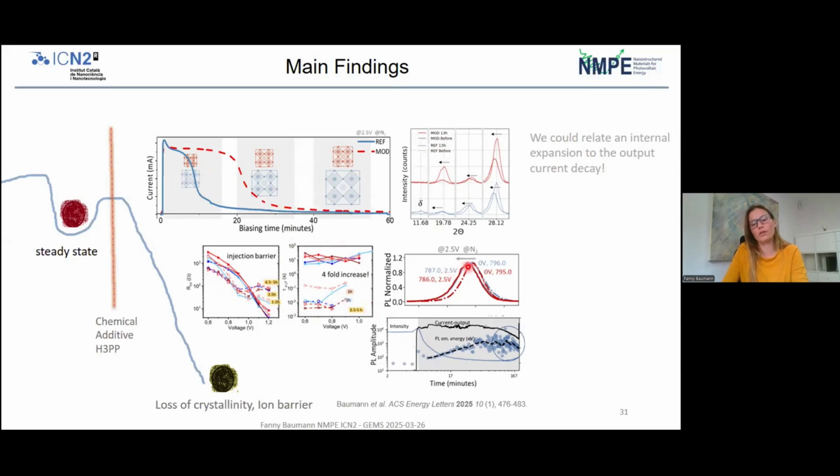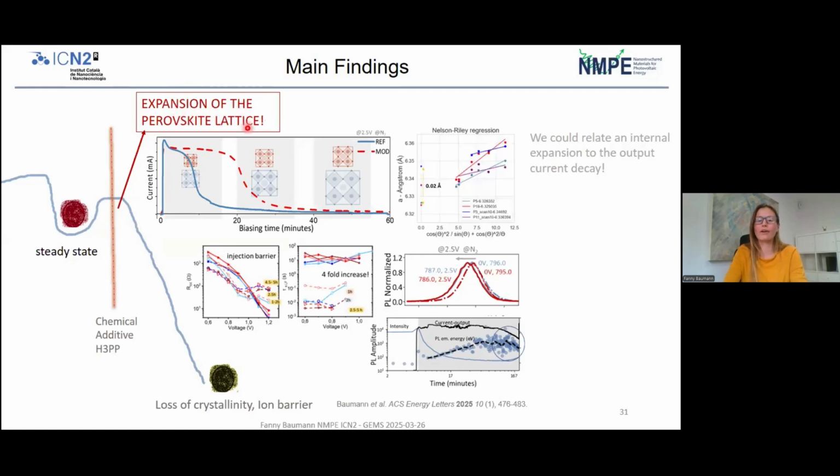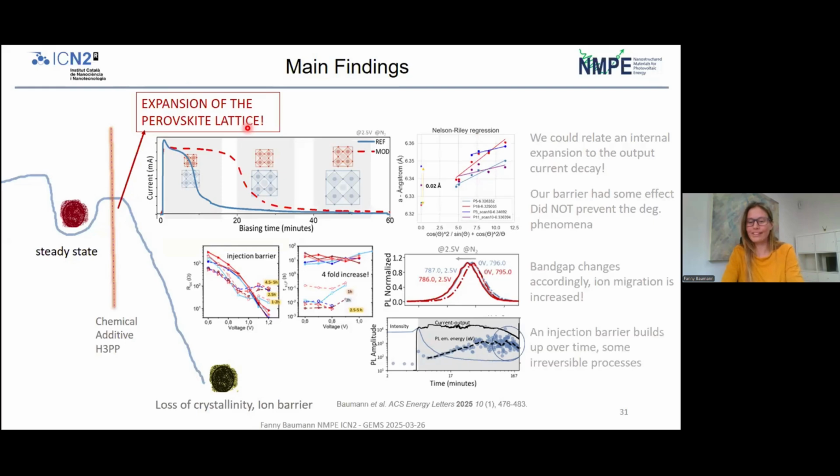And these results, both the expansion and the barrier forming, were also supported by photoluminescence. So our mystery feature seems to depend on an expansion of the perovskite lattice of around 0.02 angstrom in the A value.